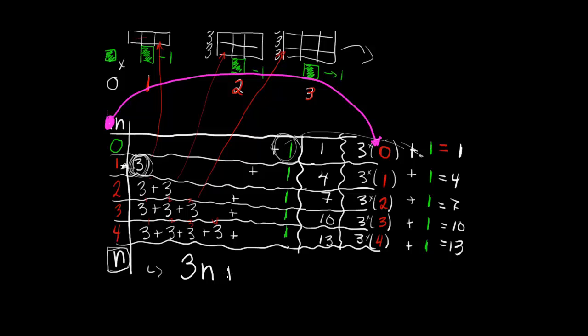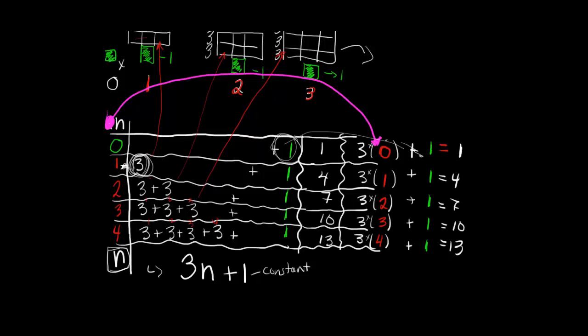In this case, 3n plus 1. Okay? And we call this the constant. Okay, so that's how you can see how we can build an algebraic expression using this extended t-table.